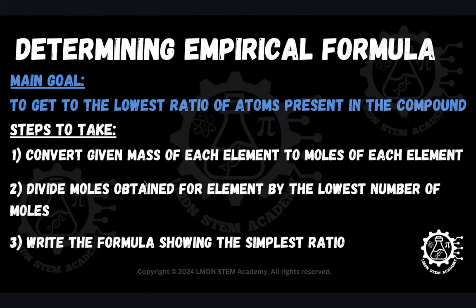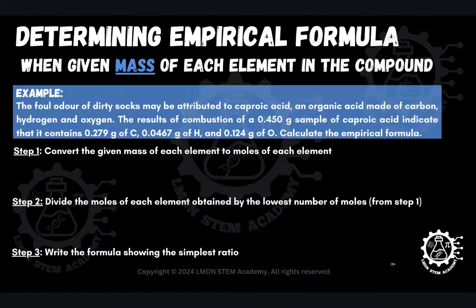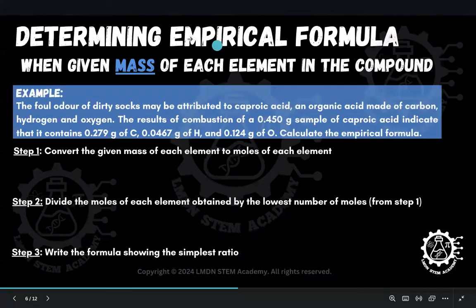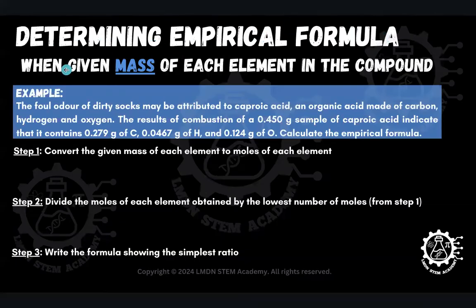So let's move forward and take an example. Here's an example now. We're determining the empirical formula, and we're taking a scenario where we're given the mass of each element in the compound. The foul odor of dirty socks may be attributed to caproic acid, which is an organic acid made of carbon, hydrogen, and oxygen.